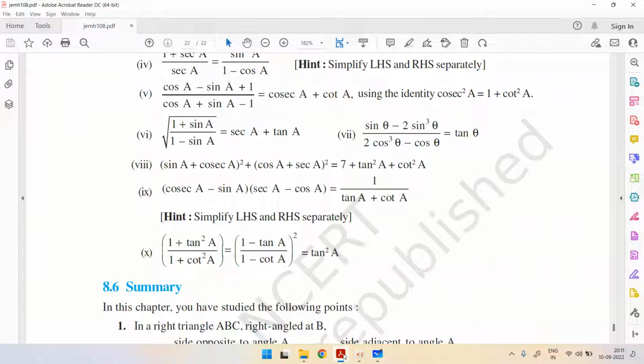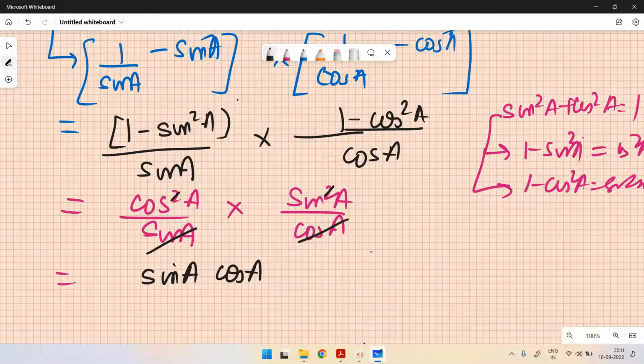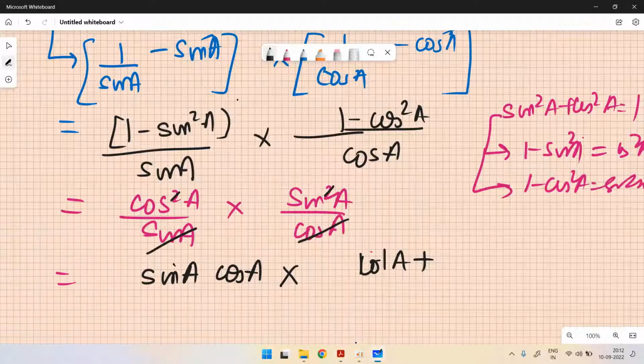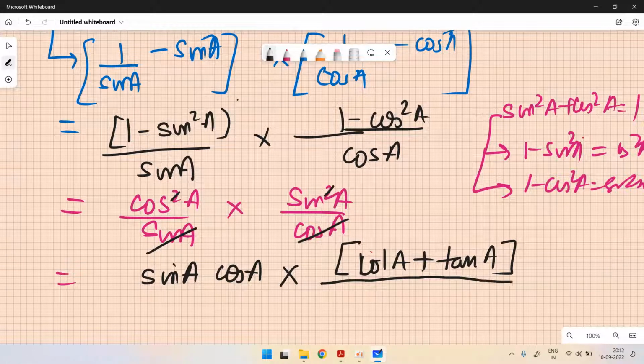So cosecant A minus sine A, secant A minus cos A equals 1 by tan A plus cot A. Multiply and divide by cot A plus tan A, which is already given in the expression.